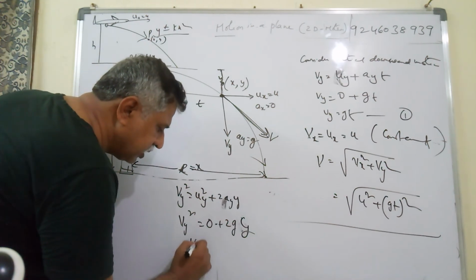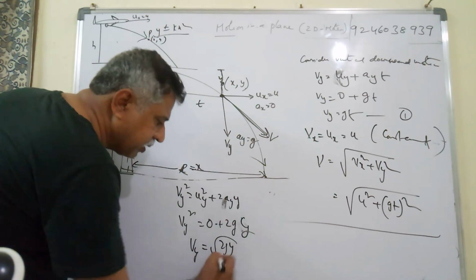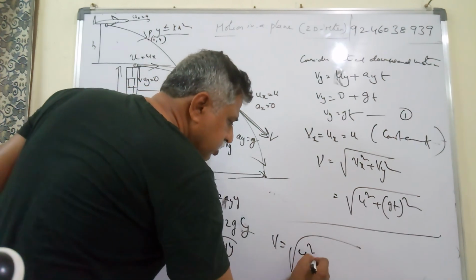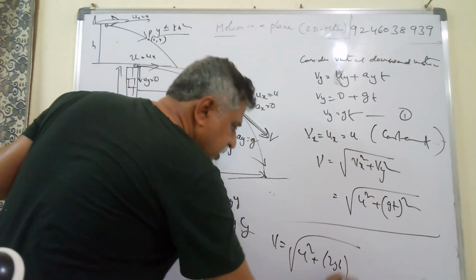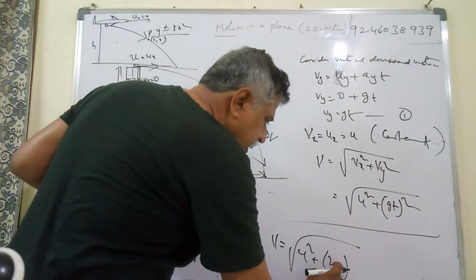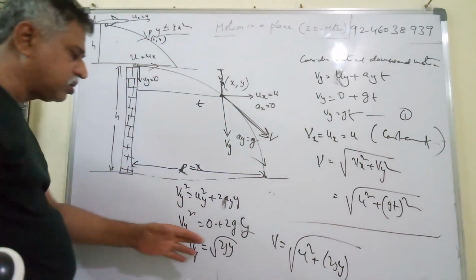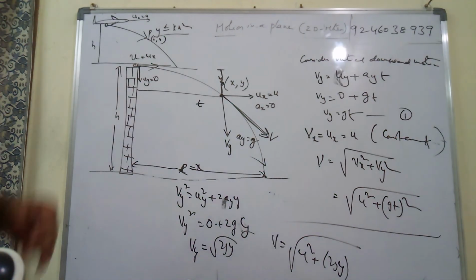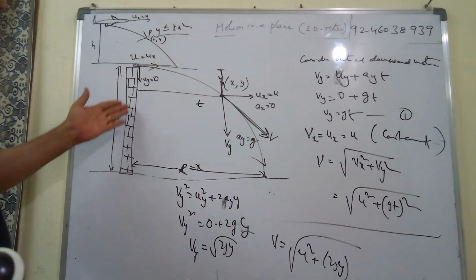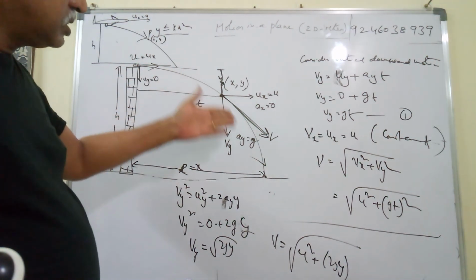From this, vy is equal to root 2gy. If you put this value in this formula, we get root of u square plus 2gy. This is the velocity after falling down through a distance y.